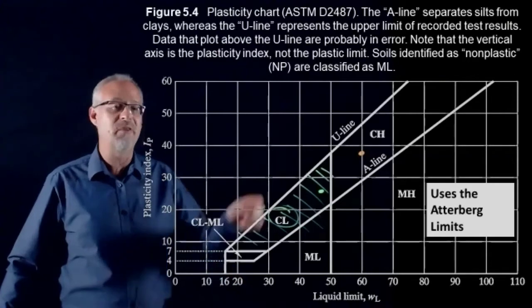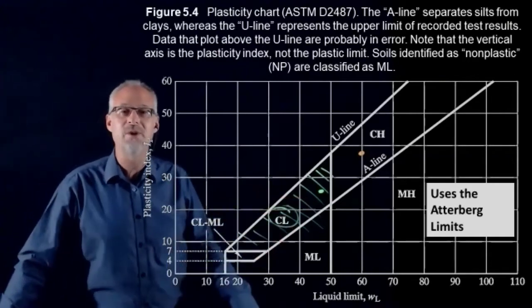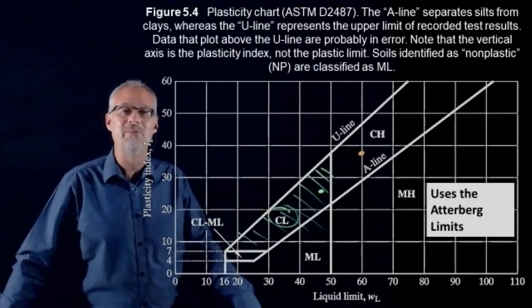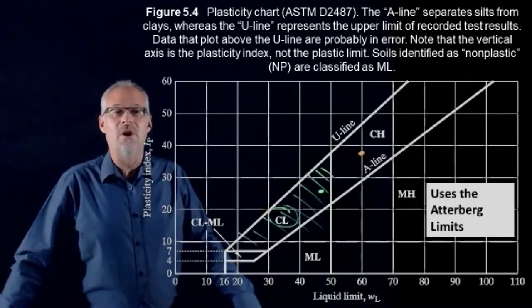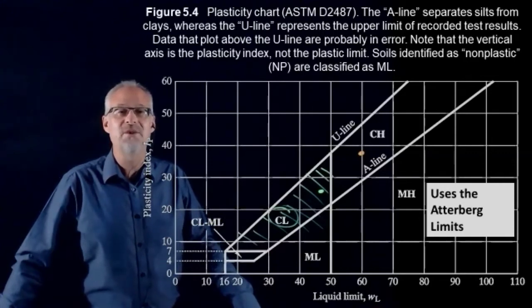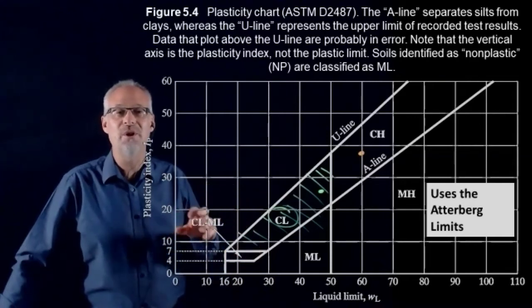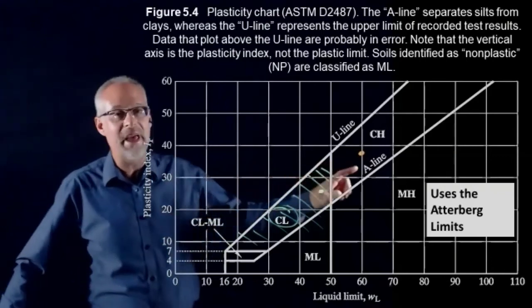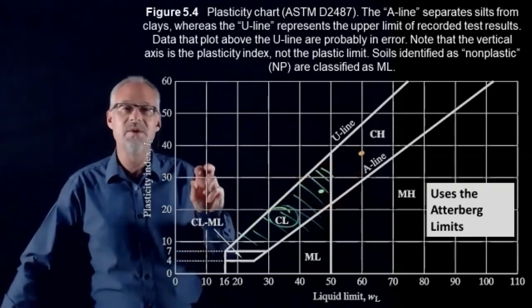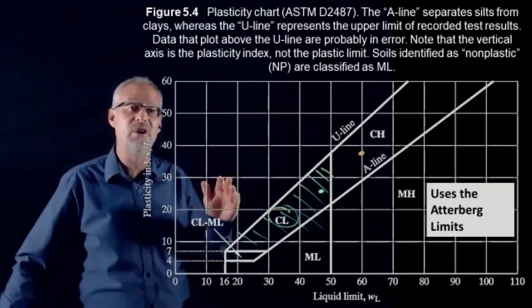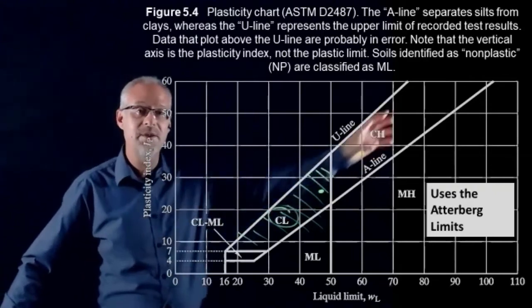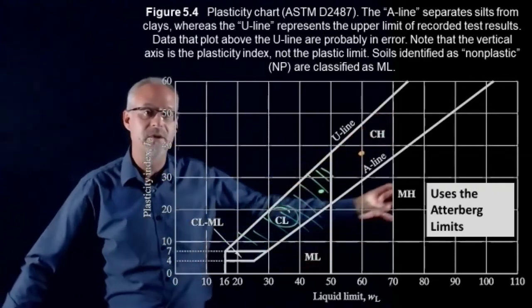Someone asked, what if something's on the border? That's always a problem. It's unusual to get something right on the border, and if you do, you could always go back to the hydrometer and check the percentage, because this A line is not really theoretical, it's experimentally derived, the division between clay, which is here, and silts, which are down here.